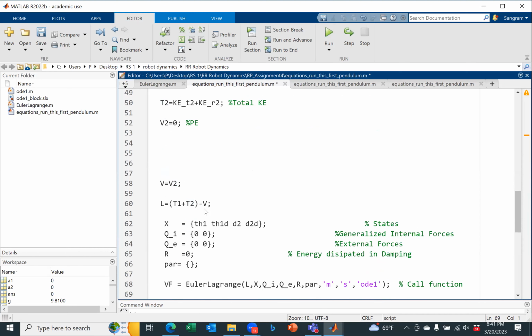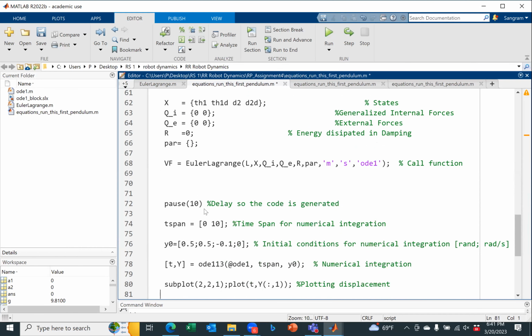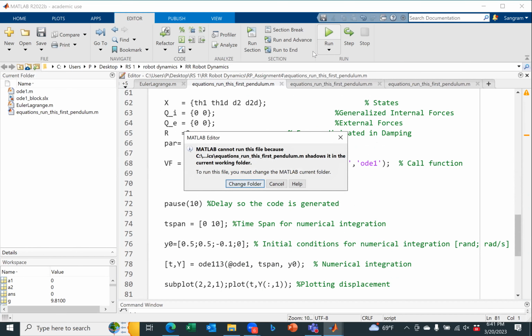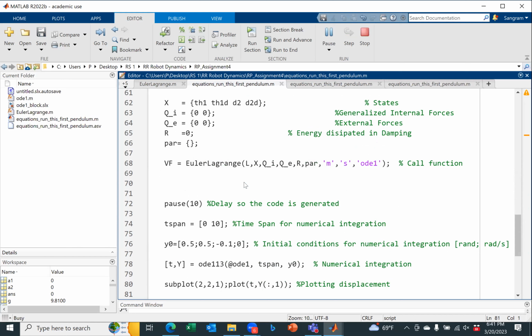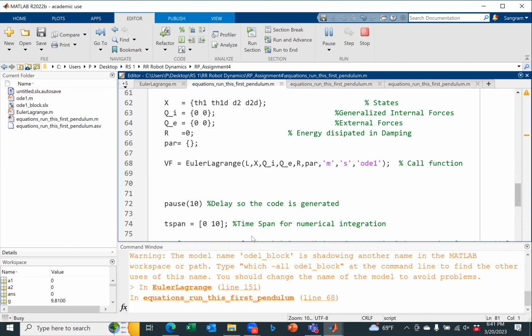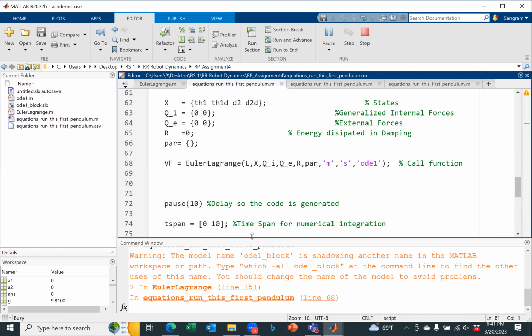And then you basically solve this problem, 1, 2, 3, and 4 in this code, and then you will get the answer.